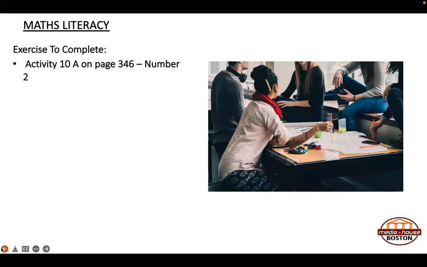So let's go to the activity and then we'll do some other exercises that I have. So it's page 346, number 2. Let's calculate the average.